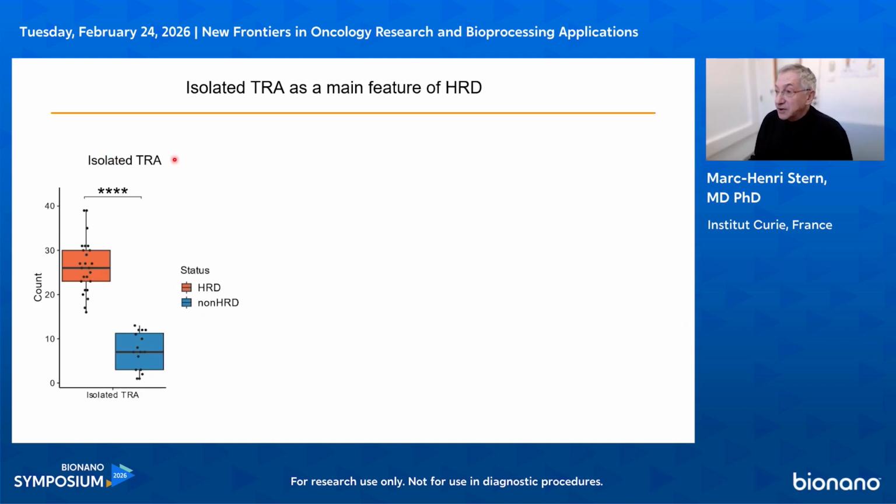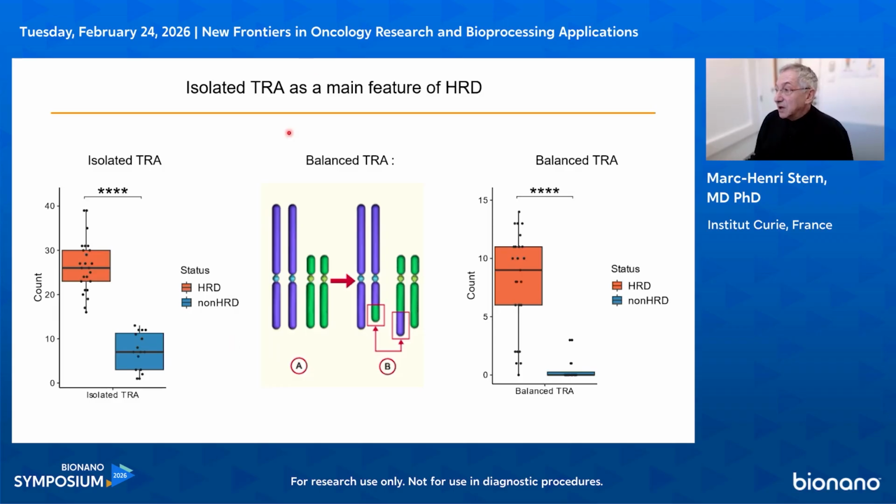The statistics show that isolated translocation was one of the main features of HRD, with a complete separation of the HRD samples and the non-HRD samples. We further defined a subcategory of translocations, balanced translocations, when OGM retrieves the two reciprocal events of the balanced translocation. We found that balanced translocations were also massively different between HRD cases and non-HRD cases.